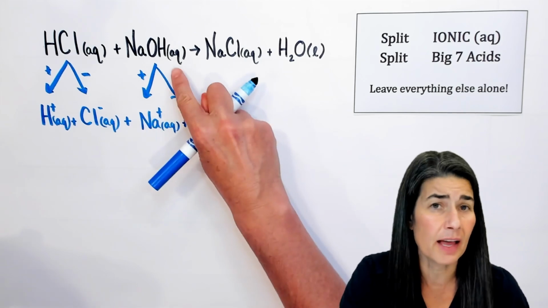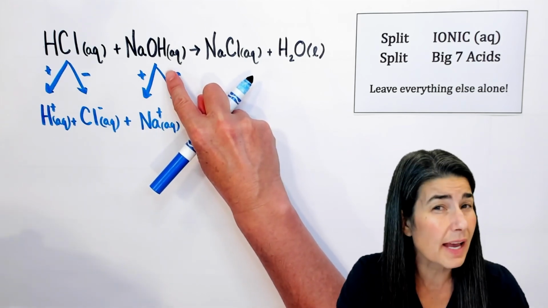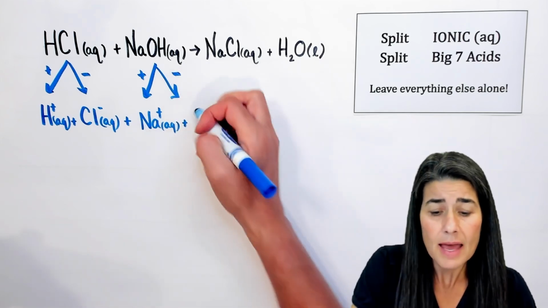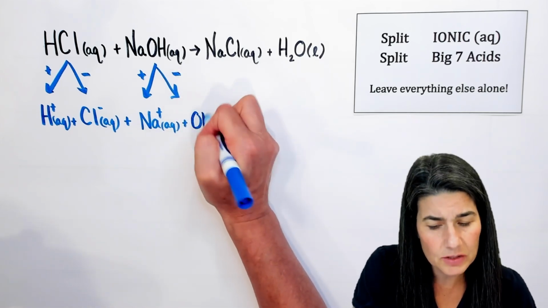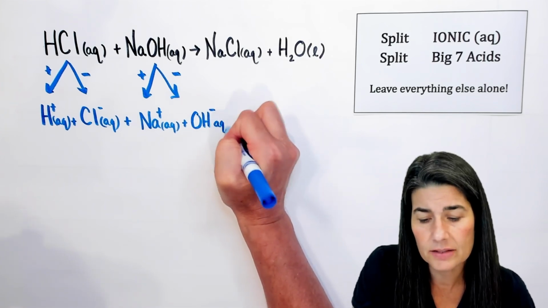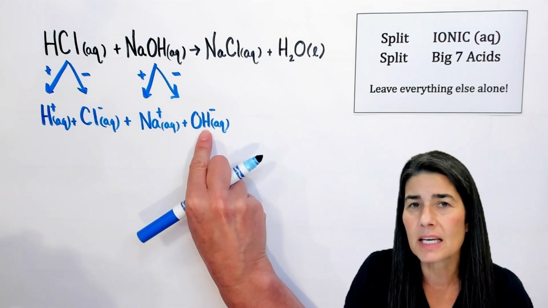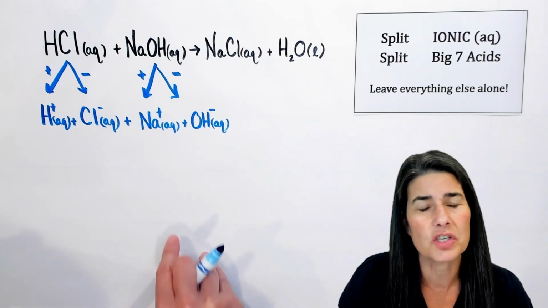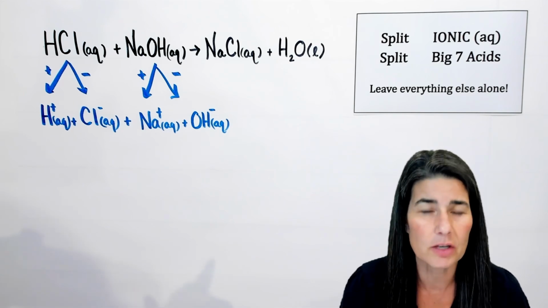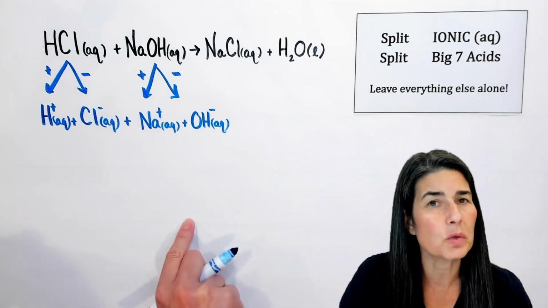The negative ion from sodium hydroxide is the whole entire polyatomic ion of hydroxide. A key mistake that beginning students will make is trying to split up polyatomic ions. You don't want to do this. This is a covalent bond in between the oxygen and hydrogen. Leave those polyatomics together. Do not split them up. So we have our first 2 pieces.